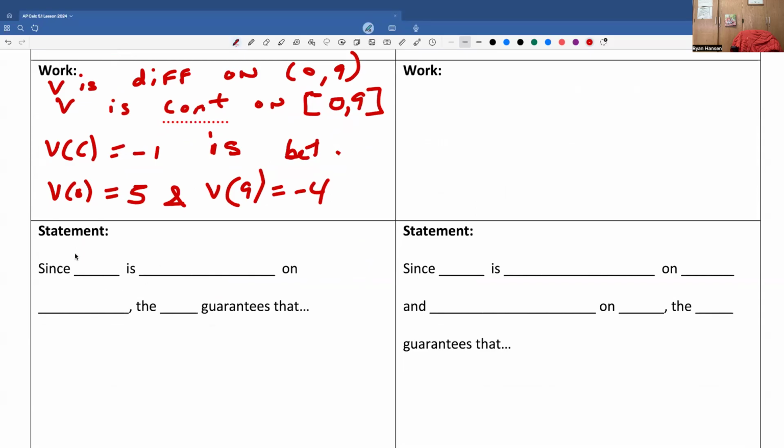Since V of t is what makes or breaks the intermediate value.